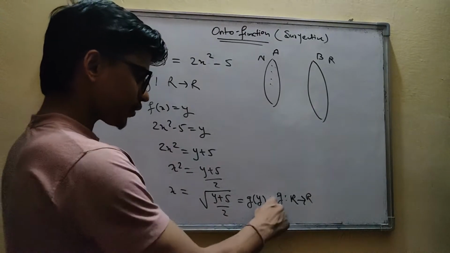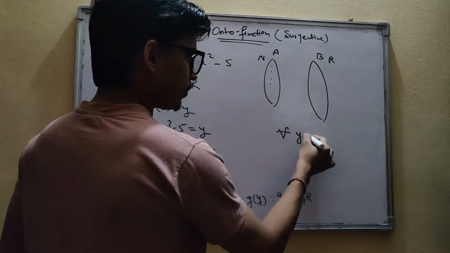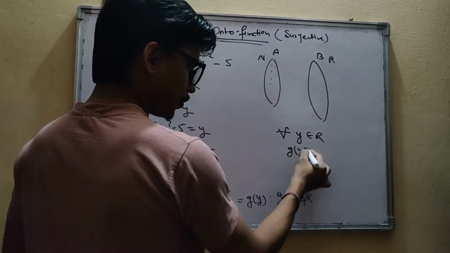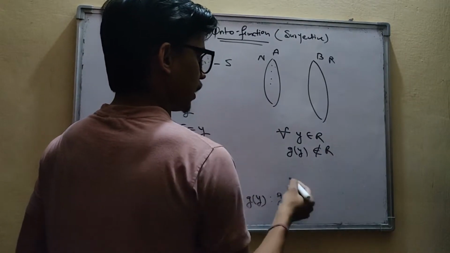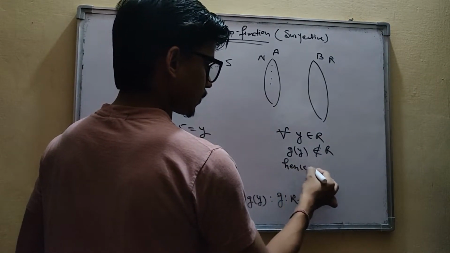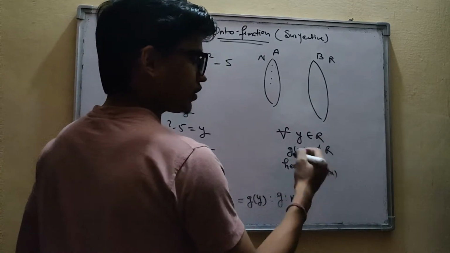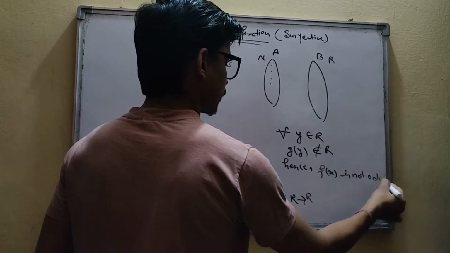So for all y belongs to R, g(y) you have to check. g(y) does not belong to R, hence f(x) is not onto, right?